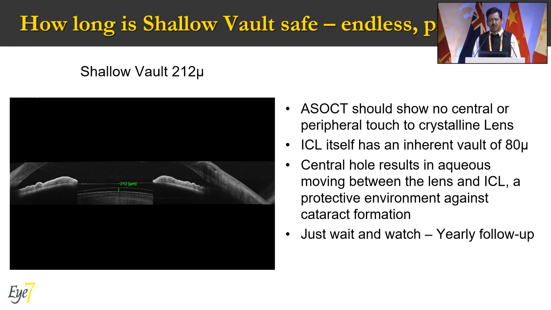Because there is a central hole and aqueous flowing under the ICL, between the ICL and the crystalline lens, even in a shallow vault, the crystalline lens is continuously being bathed by fresh aqueous. So the lens is safe. And one really does not need to think of removing the ICL even with a very shallow vault.